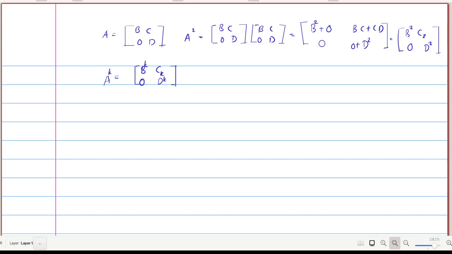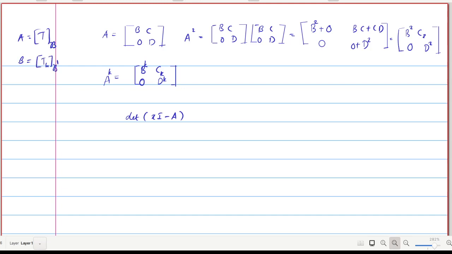Now we evaluate the characteristic polynomial of T and TW. The characteristic polynomial is defined as the determinant of xI minus A. This is the same as the characteristic polynomial of T, because here A is the matrix of T relative to the basis B, and B is the matrix of TW relative to the basis B prime.